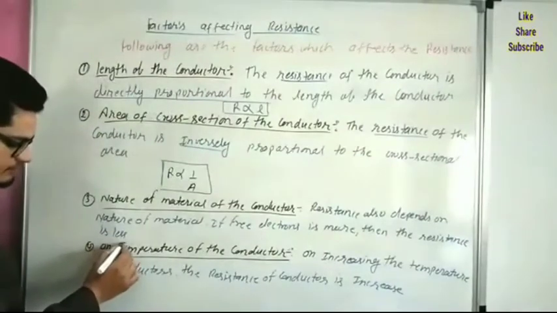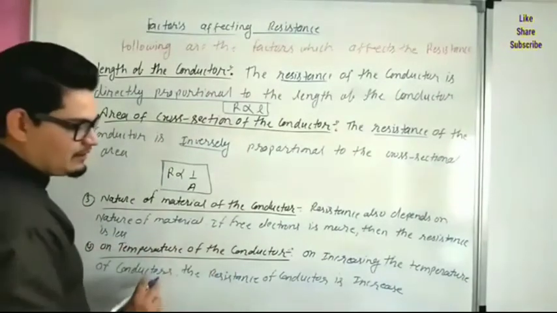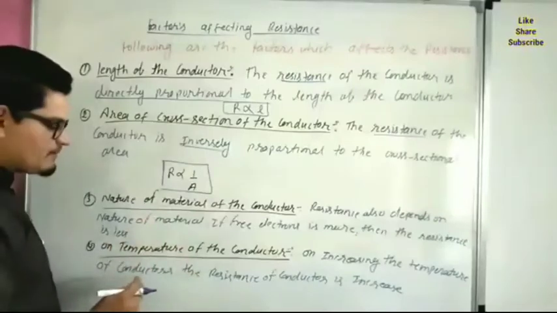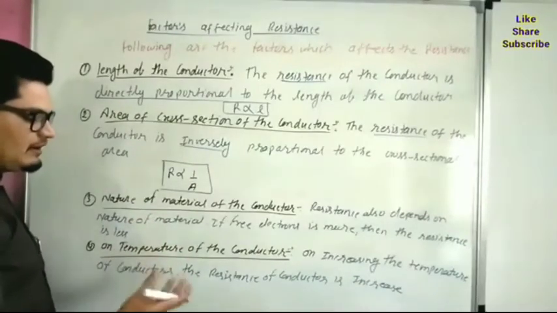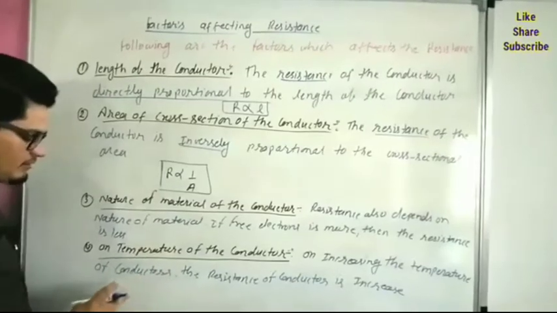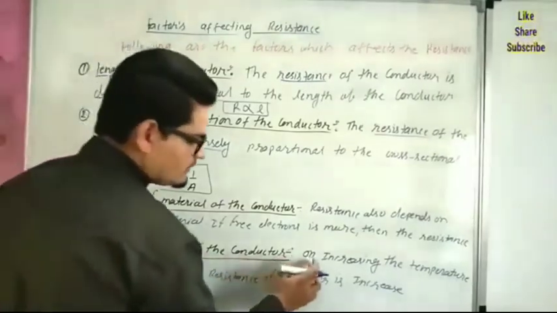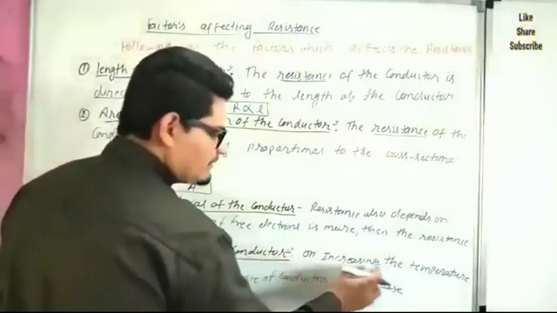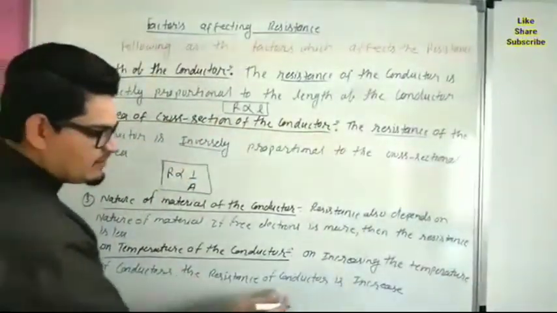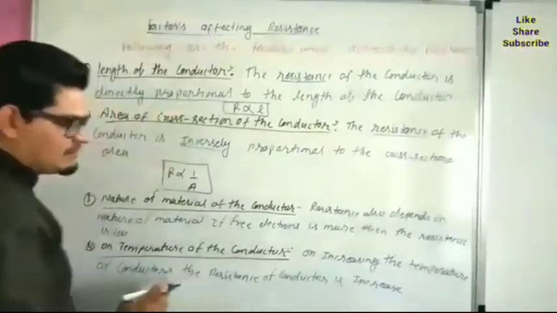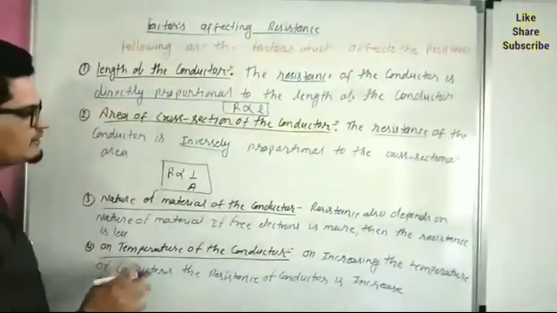Fourth is the temperature of the conductor. On increasing the temperature, the relaxation time of the electron is less, so conductivity is more. On increasing the temperature of the conductor, the resistance of the conductor is increased.